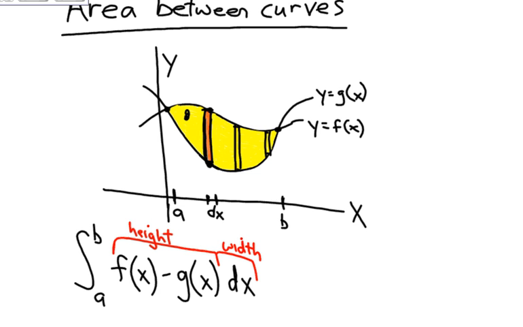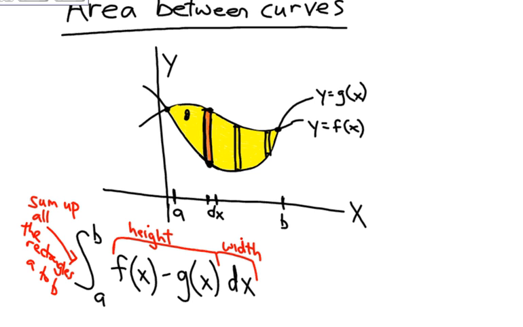And of course, if you multiply the height times the width of a rectangle, you'll get its area. What the squiggle does is it says that we want to sum up all the rectangles from A to B. So really this is like a super Riemann sum. And that's how we find the area between curves.